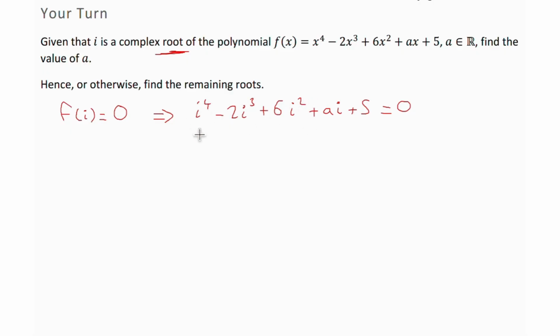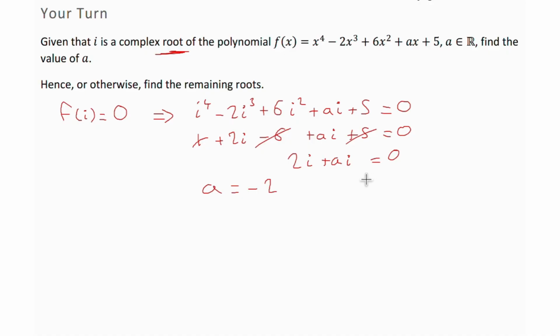Simplifying, i to the power of 4 is 1. i cubed is minus i, so this becomes plus 2i. i squared is negative 1, so minus 6. ai is just going to be a times i, plus 5 is equal to 0. The 1, the minus 6, and the 5 cancel out, so we just get left with 2i plus ai equal to 0, which means a must be equal to negative 2.